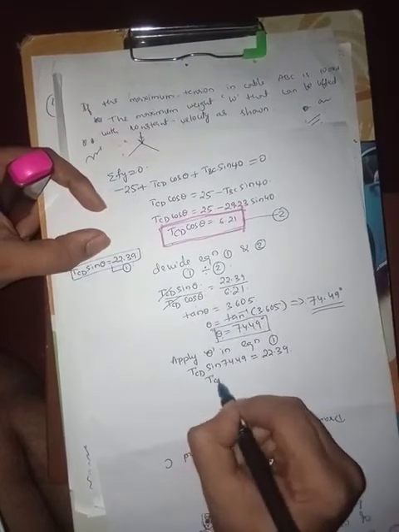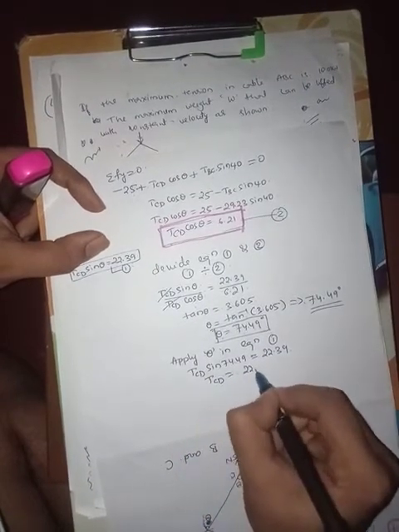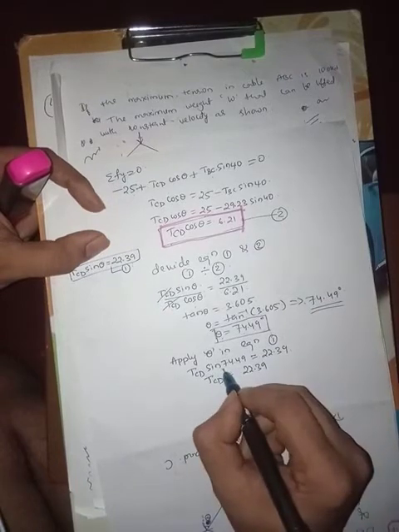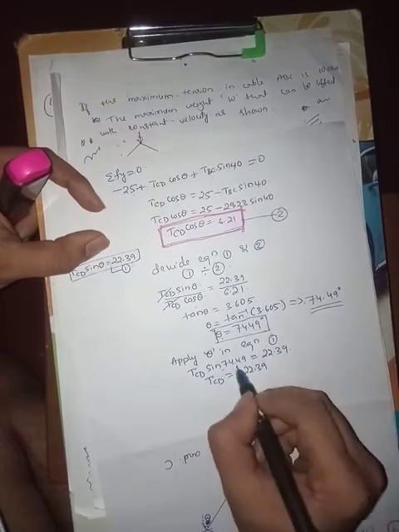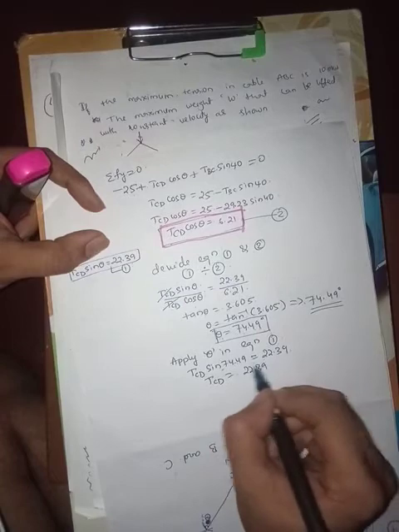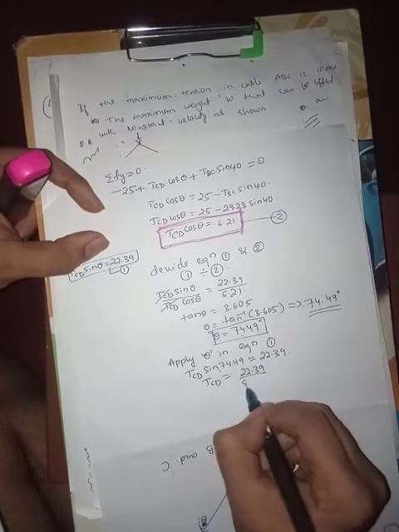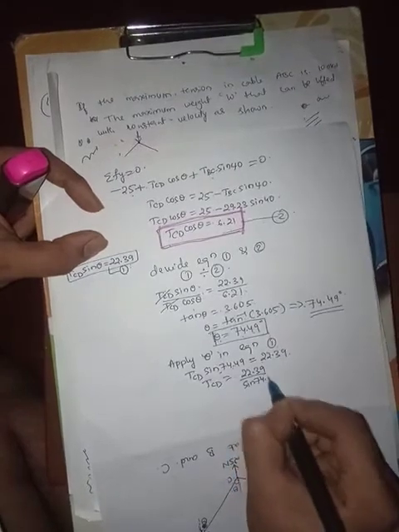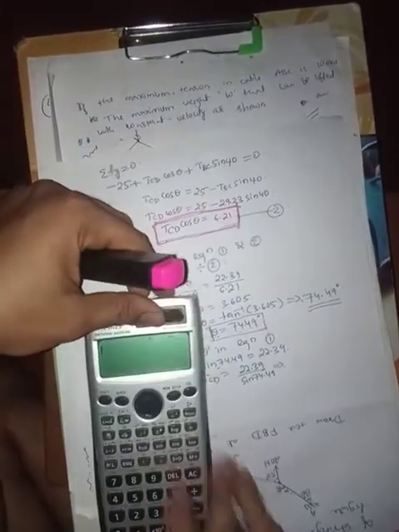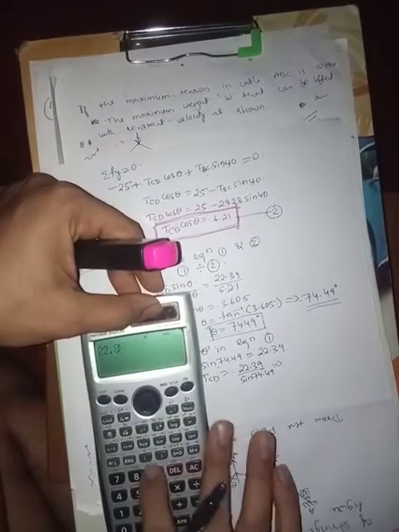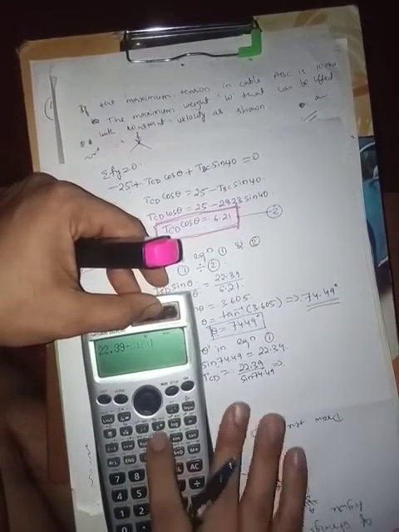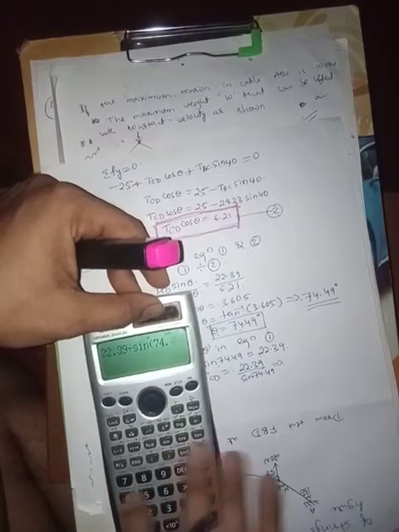So TCD becomes 22.39 divided by sin 74.49, since sin 74.49 comes to the denominator.